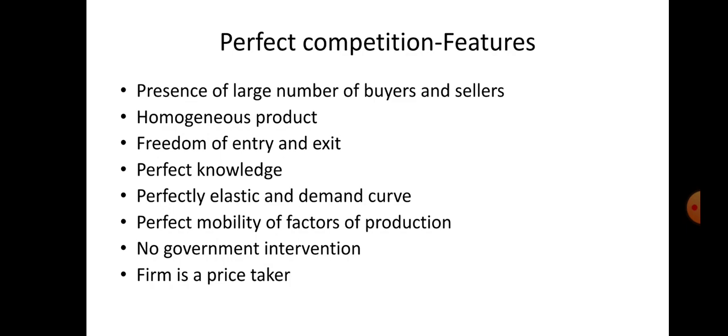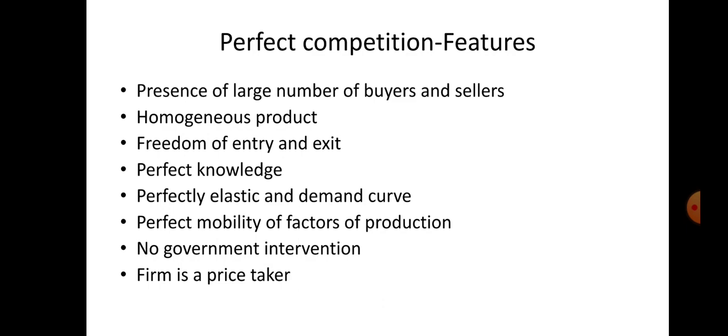Now let us understand what is perfect competition and its features. Here we see a presence of a large number of buyers and sellers, and they sell homogeneous products, or the buyers may buy the homogeneous products, and there is freedom of entry and exit.